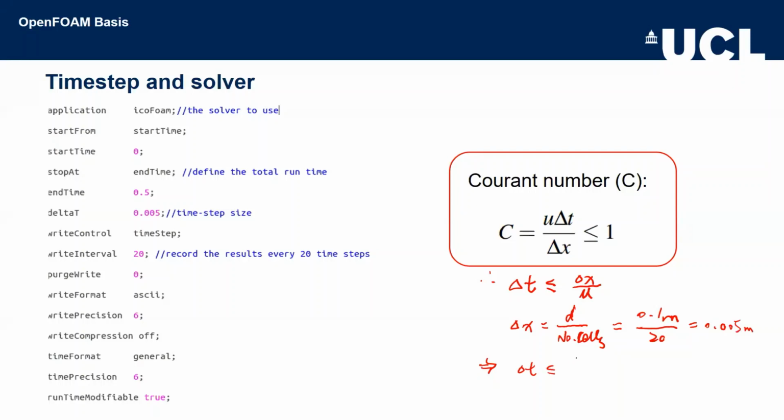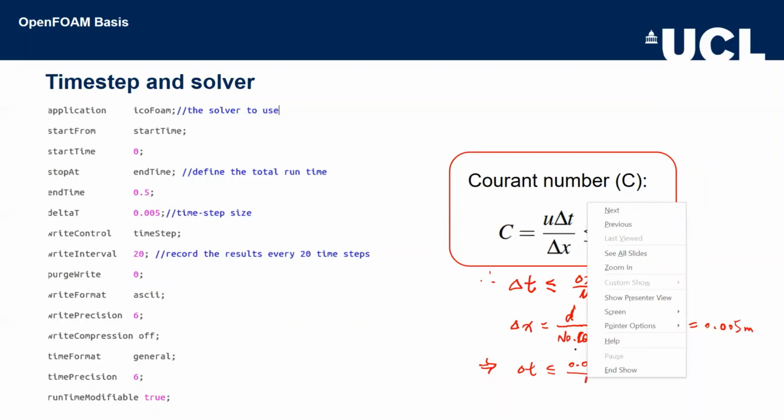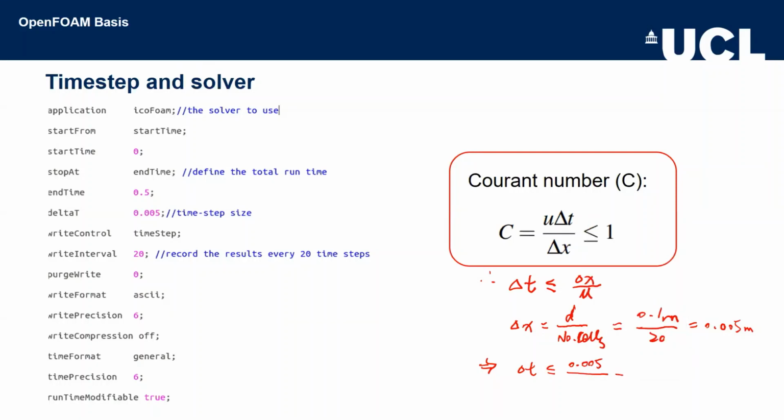So the delta t should be smaller or equal to 0.005 divided by the velocity 1 meter per second, which is 0.005. So in the code, 0.005 should be fine if we choose this time step size.